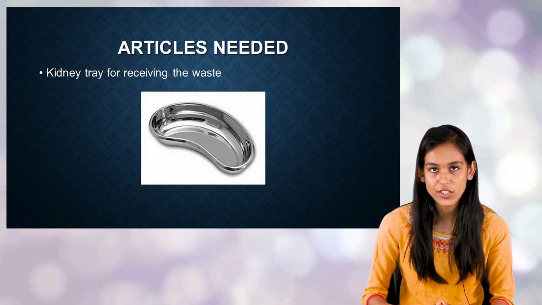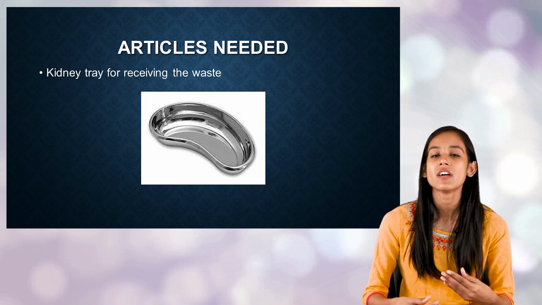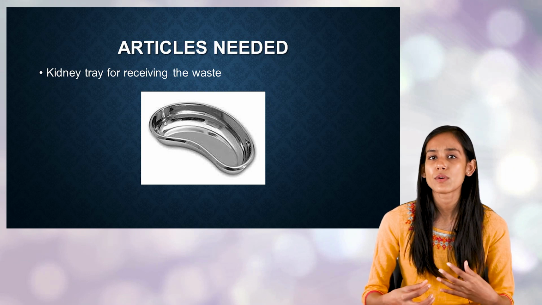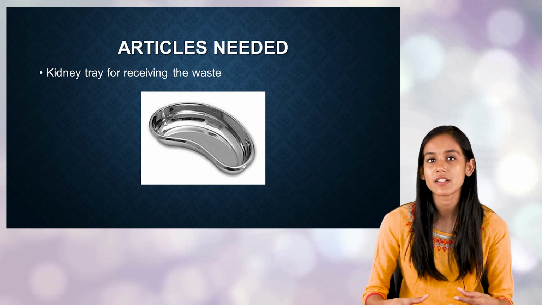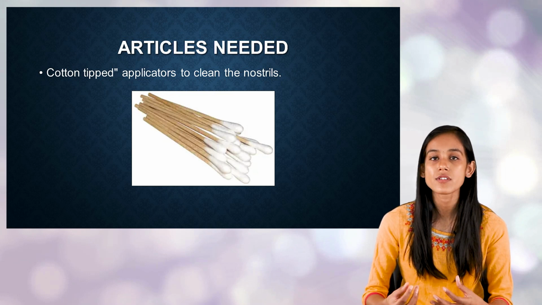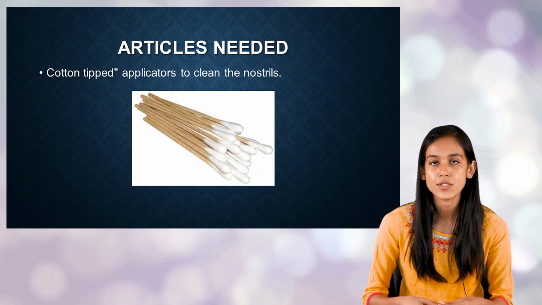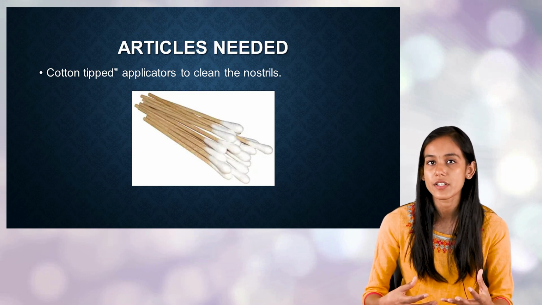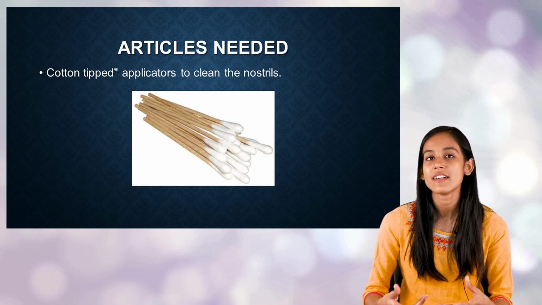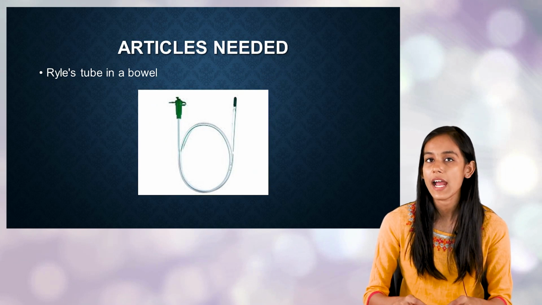We need a kidney tray for receiving the waste, because sometimes there might be regurgitation of the gastric contents. To receive that we need a kidney tray. We also need cotton balls or cotton tipped applicators to clean the nostrils to avoid any kind of infection, and to provide hygiene.